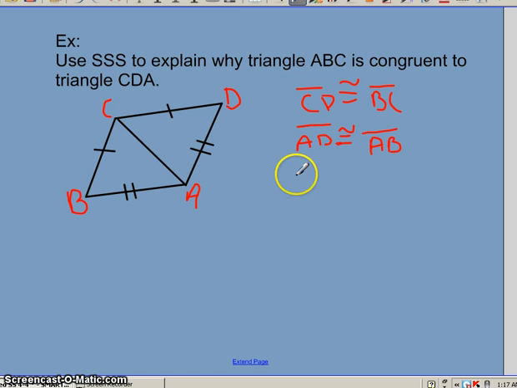Well, what allows us to say that, and we're going to say AC is congruent to AC, well, it looks like it's looking in a mirror. So that's the reflexive property of congruence.